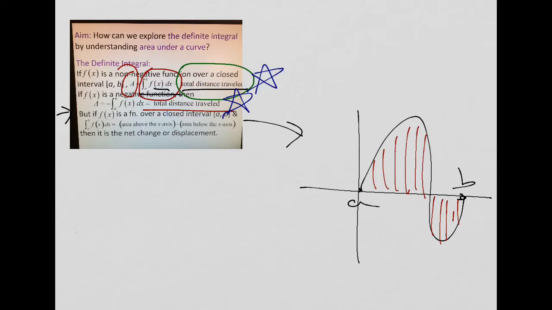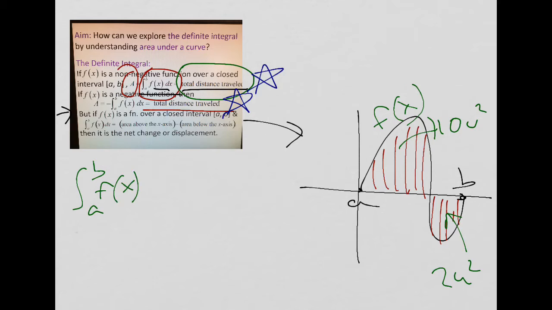Let's make up some numbers so you can understand this concept. If this is an area of 10 and this is an area of 2, then this integral of f of x is going to be 10 minus 2, so you're getting 8.